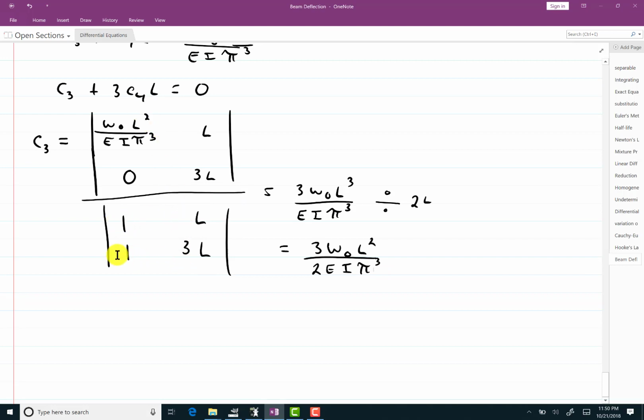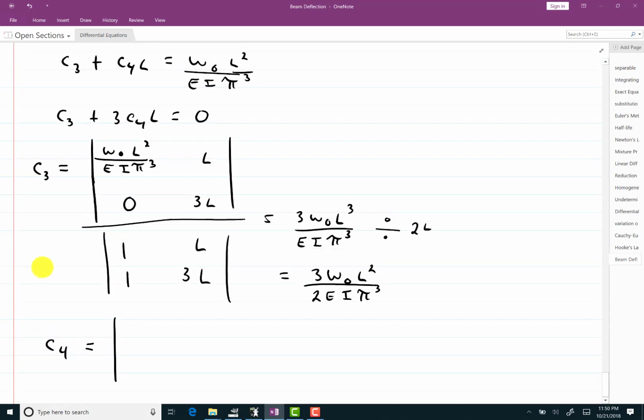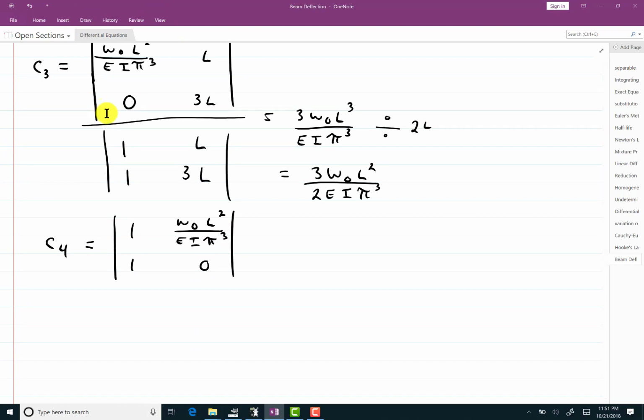I already have this stuff here, which is down here. So my C4, okay, now I'll have for my first column 1 and 1. But over here, I need to replace it with the result. So W naught L squared over EI pi cubed, and then a 0 here. And from this part, I've already figured out that down here is 2L.